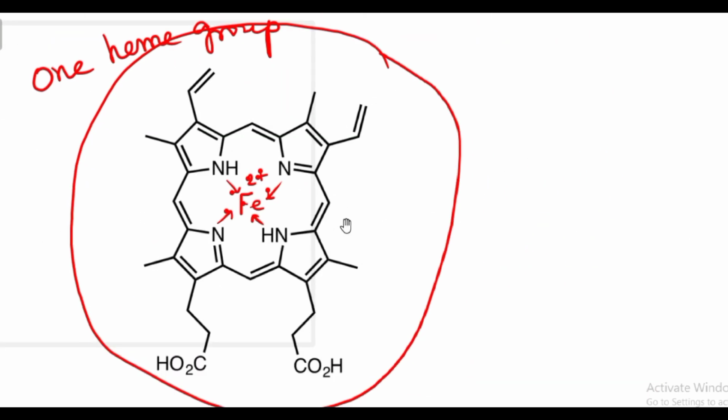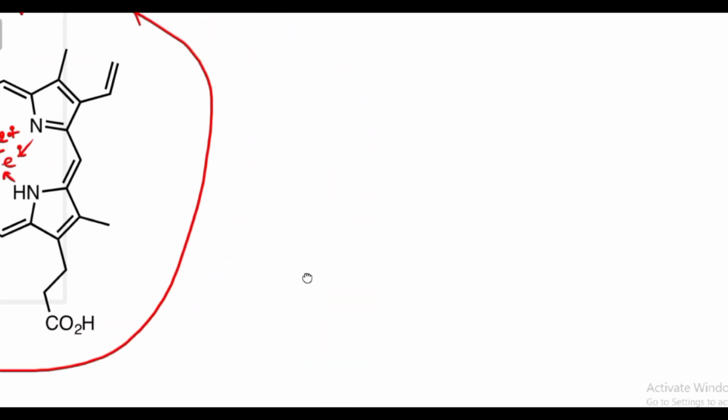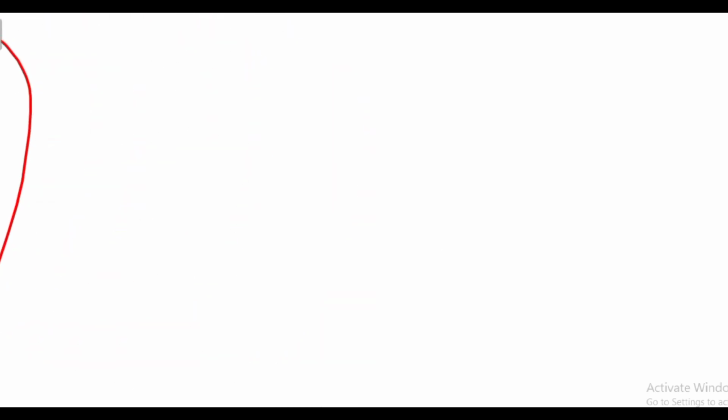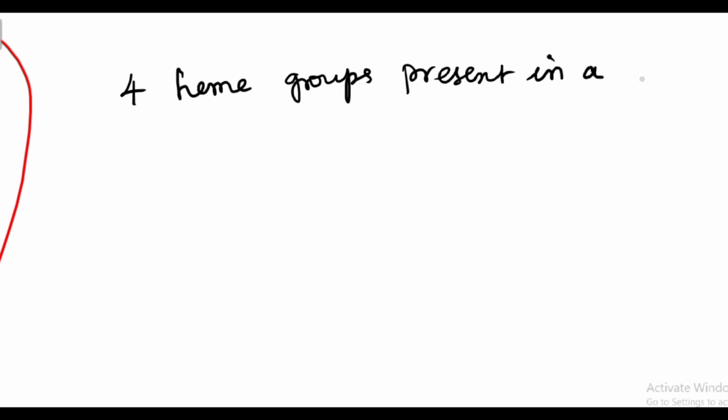Then what is the relation between this heme group and the heme containing protein called hemoglobin? Actually, hemoglobin contains four heme groups. Four heme groups present in a protein.